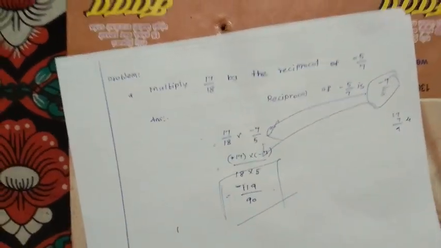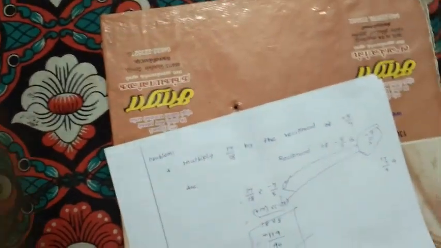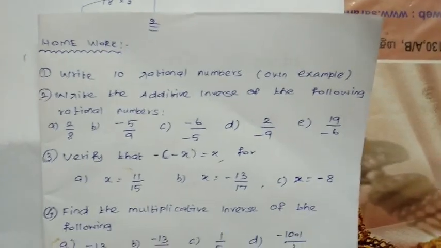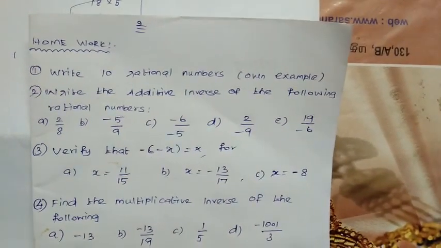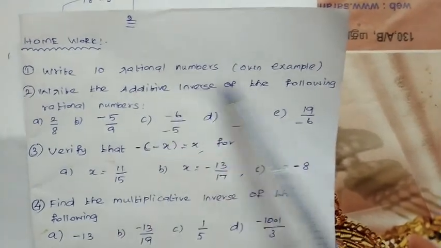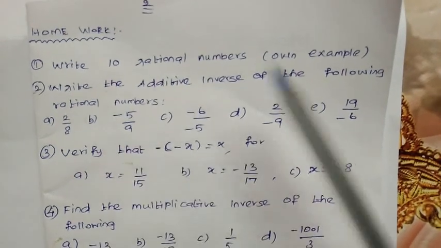So from this you need to solve the homework. First problem: write ten rational numbers. You can give any integers, any rational numbers; it's your own example. Write the additive inverse of the following rational numbers. The idea is just to change the sign.